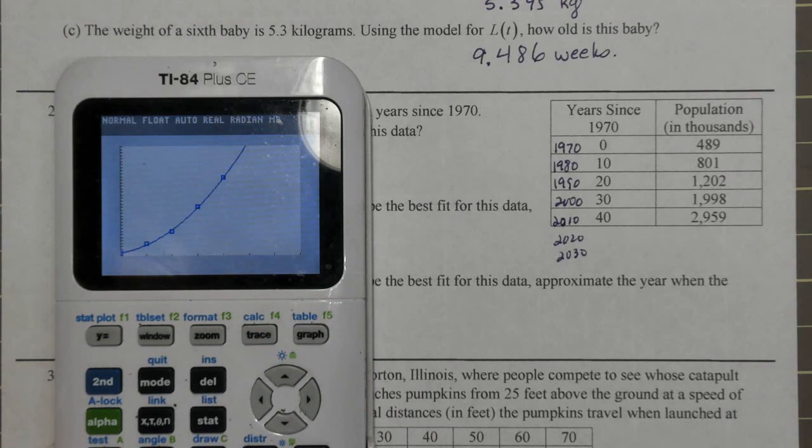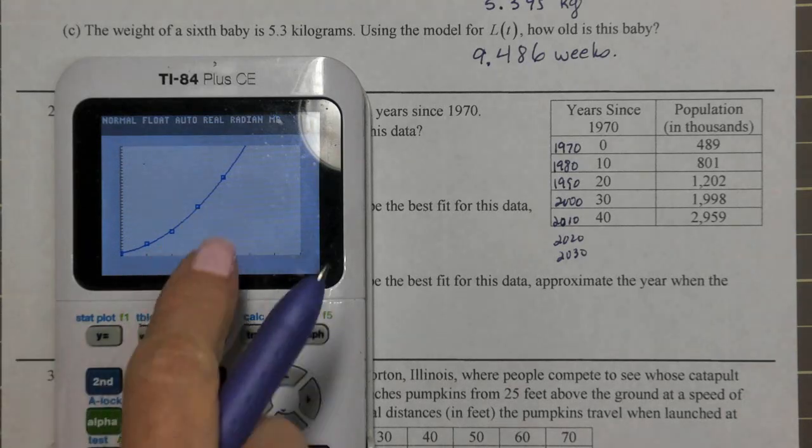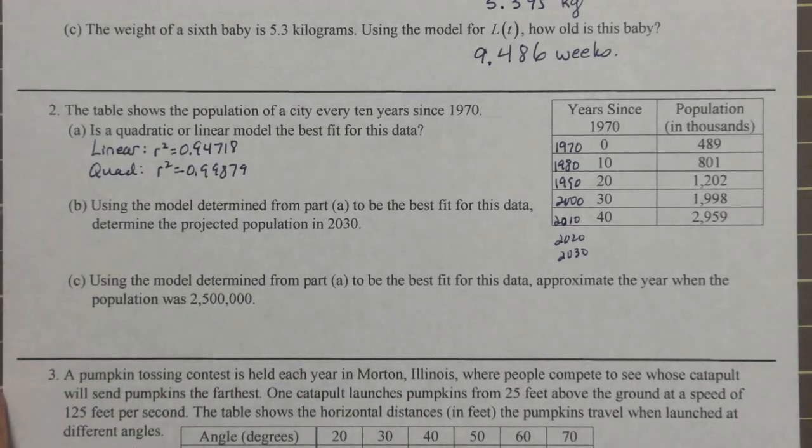Oh, I still had my stat plot on. Well, I kind of like having my stat plot on for the moment because I can really see the points here. I can see why a linear was a possibility, but these do look quadratic. Okay.